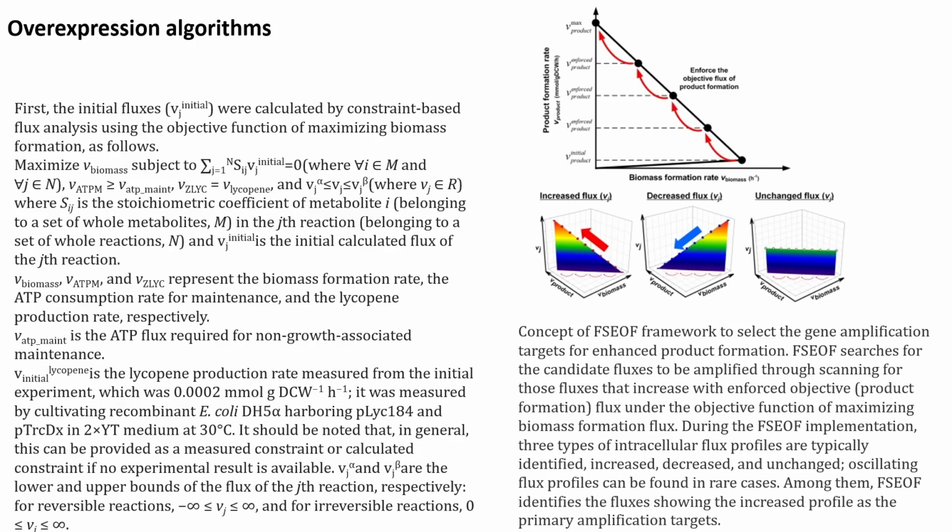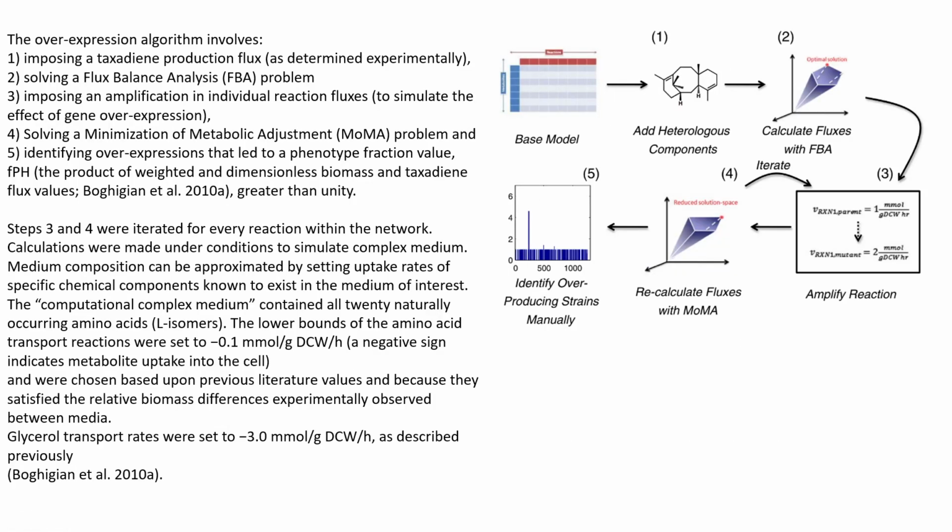The metabolites associated with increased fluxes when the production rate goes up are the metabolites of interest, because if you overexpress them, your product formation goes up. That is what is written here. Among them, FSEOF identifies the fluxes showing the increased profile as the primary amplification targets. Okay, so this is an overview of how this amplification works.